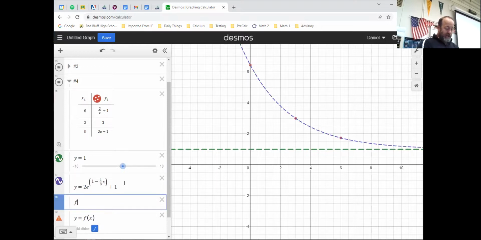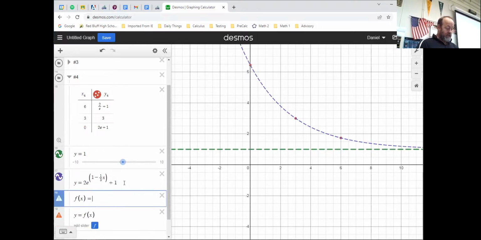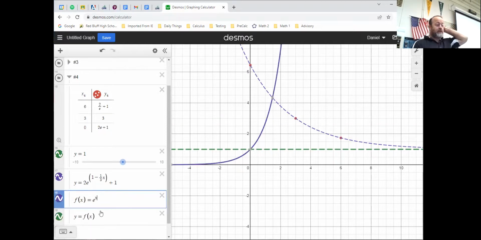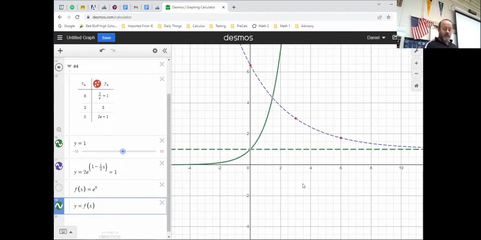Let's say I made f of x equals e to the x, because that was our parent function that we decided we wanted to deal with. Now, we said that the 2 goes on the outside. Now watch what's going to happen to the green graph. It got taller. We said we put a plus 1 on the outside. That's going to slide it up a little bit.